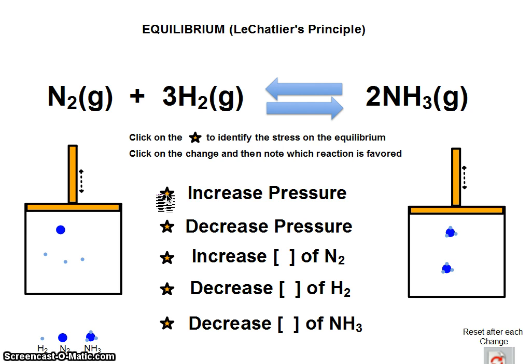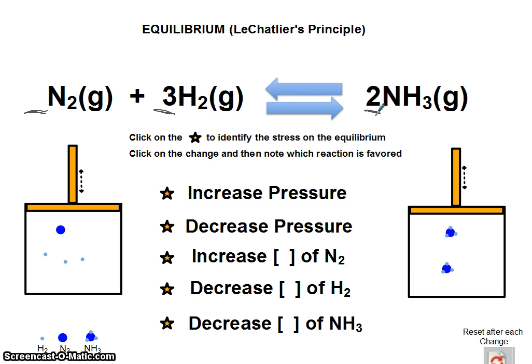But the left side has a total of 4 gas molecules, and the right side has a total of only 2 gas molecules. Increasing the pressure will speed up the forward reaction away from those 4 gas molecules a lot more than it will speed up the reaction of just the 2 gas molecules coming together to go the other way.